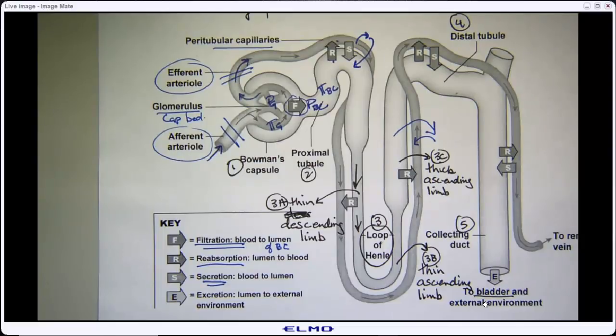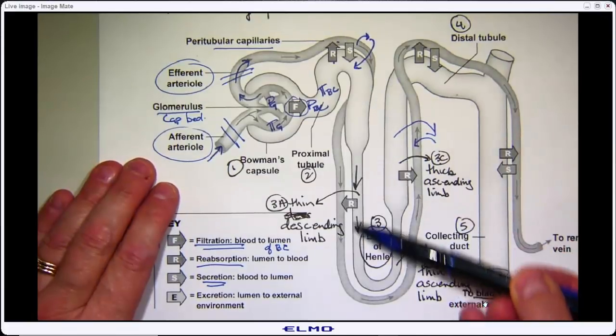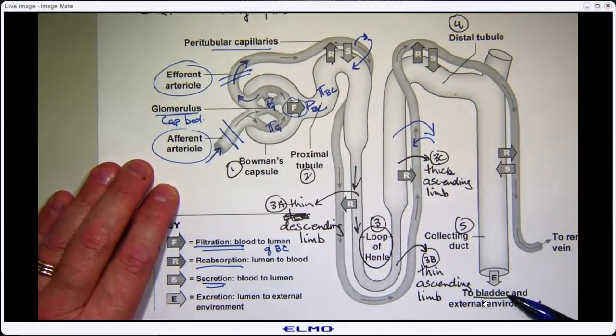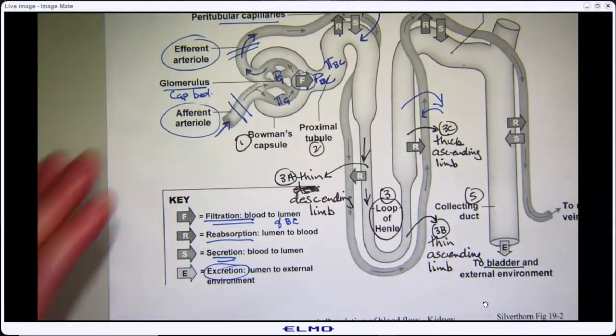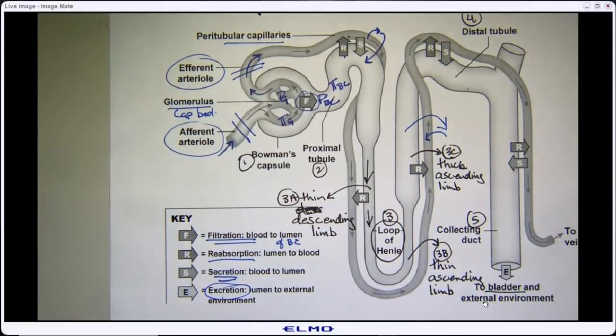And if we secrete something this way and never bring it back, it will be excreted. Excreted is a word for right out of the body. So we're after a little bit of language here in terms of what filtration, reabsorption, secretion, and excretion mean.